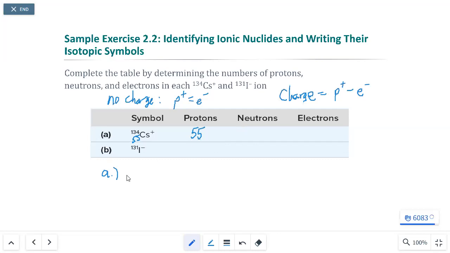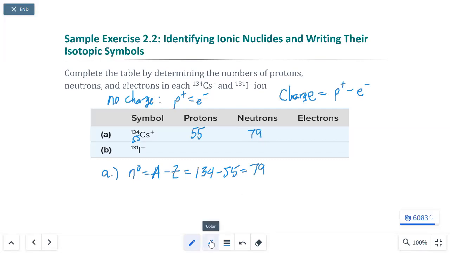To figure out the number of neutrons, I would take the mass number and subtract from it the atomic number. So 134 minus 55 gives me 79. So I have 79 neutrons.